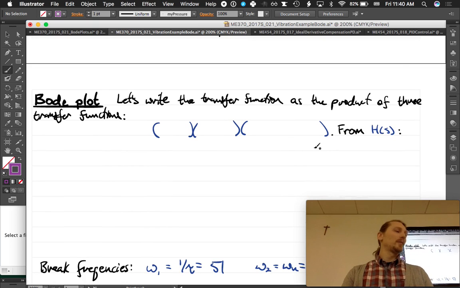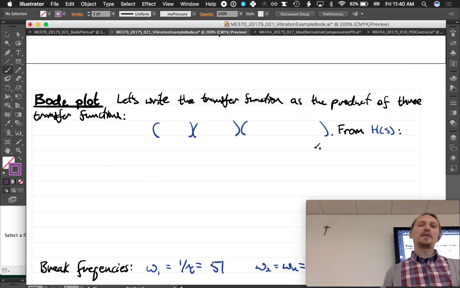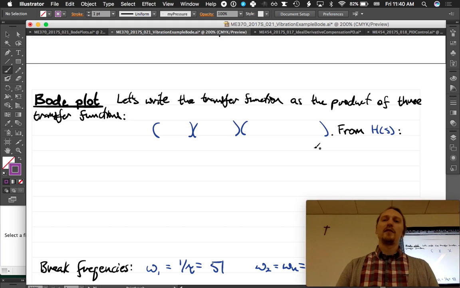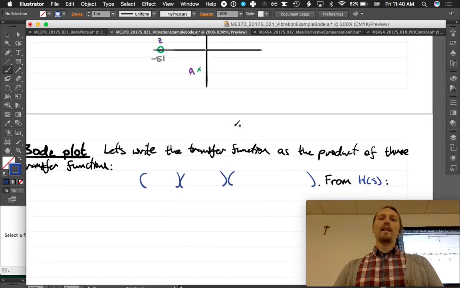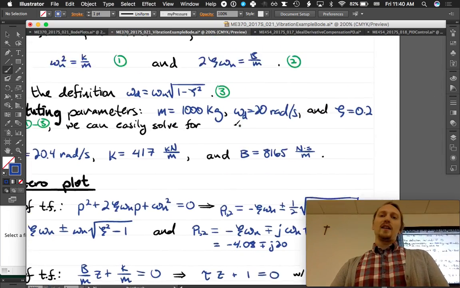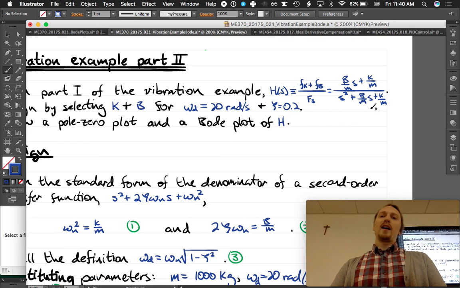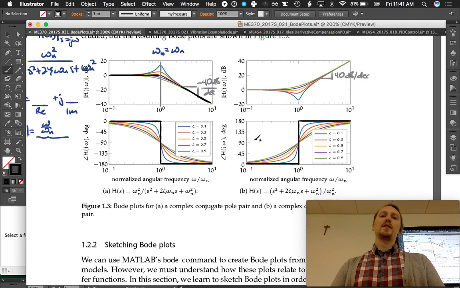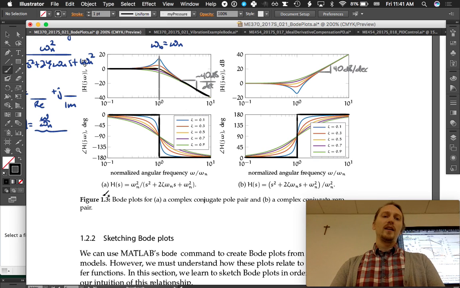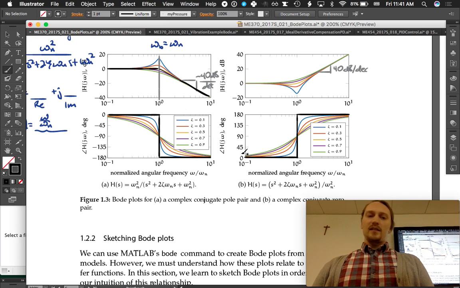Now we're going to do our Bode plot. Let's write the transfer function as the product of 3 transfer functions. Let's take this guy, and our standard form for a complex conjugate pole pair is this one.